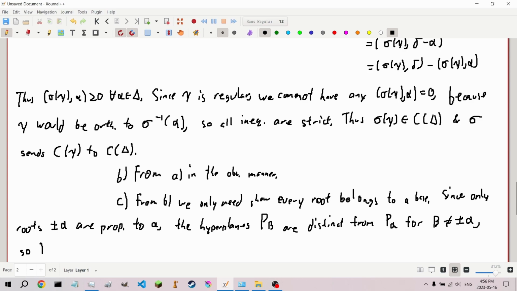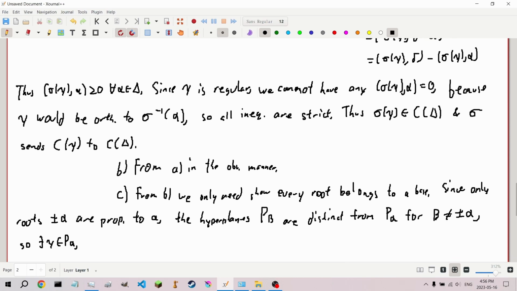So there exists γ in P_α and not in P_β, and γ is not in P_β for all β not equal to ±α, obviously.